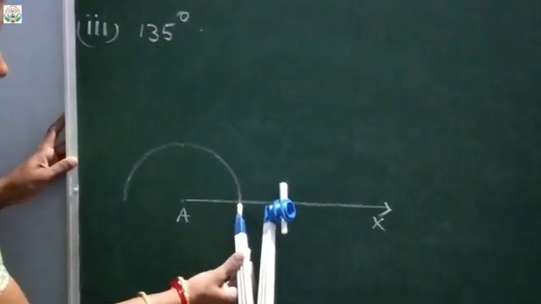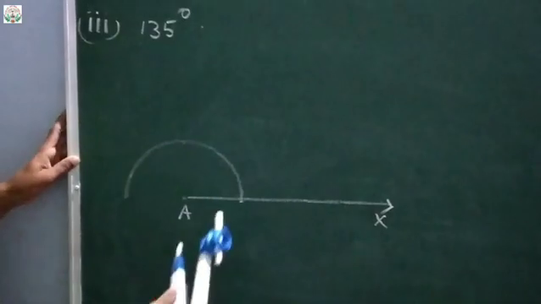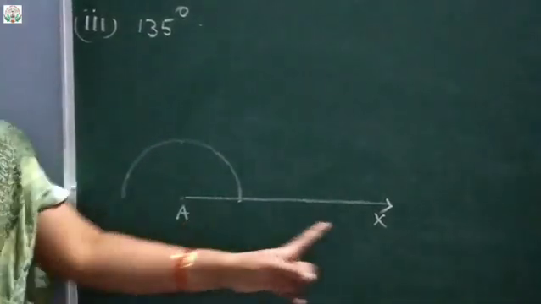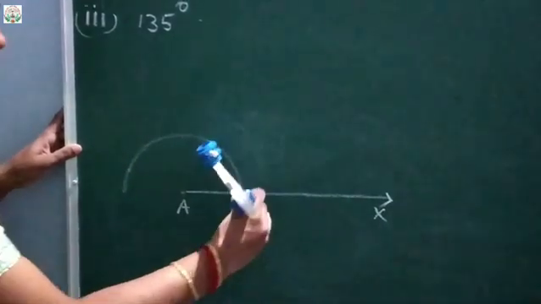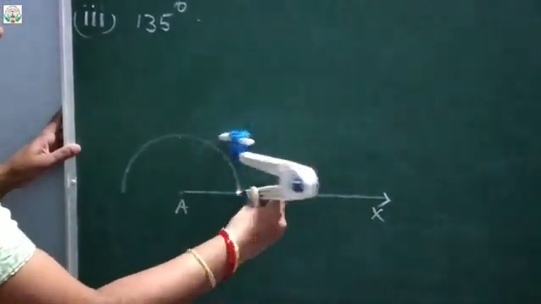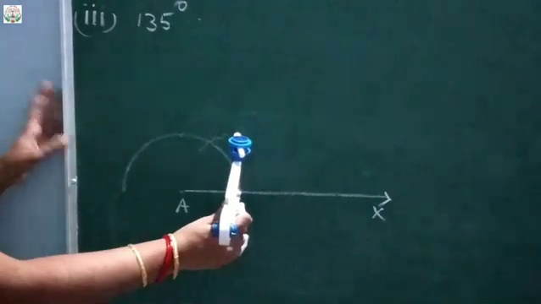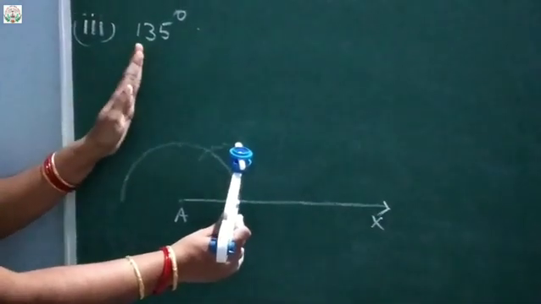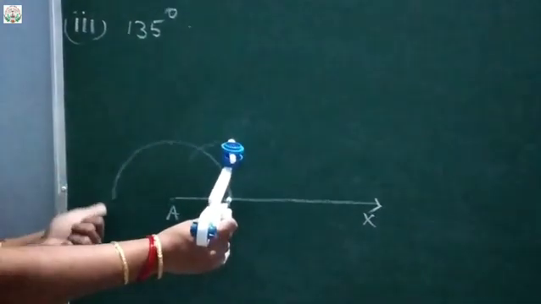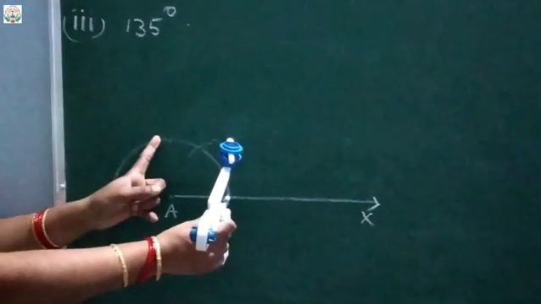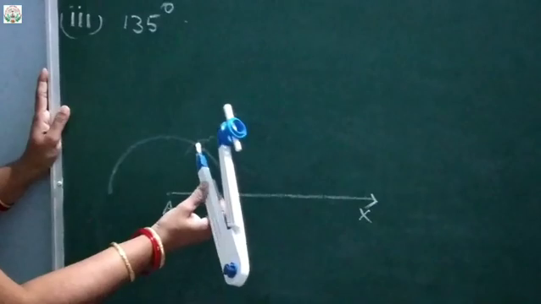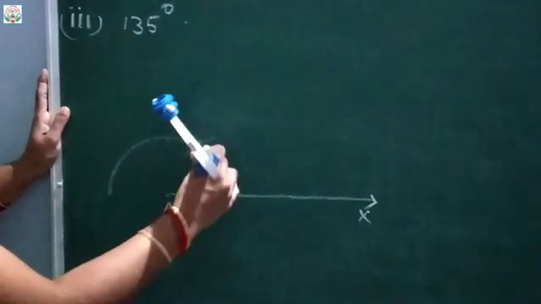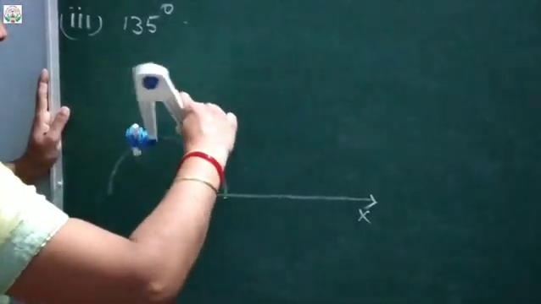Now again at A, at the point where the semicircle touches the ray, keep the needle and draw an arc of the same measurement. Now 135 is the midpoint of 90 and 180, so we need to have 90 degree also. 90 degree construction you know. So again keep at 60. This is 60. Keep at 60 and draw 120.